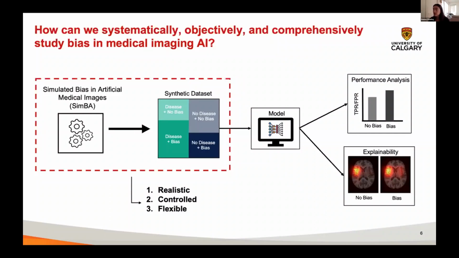Two, to be controlled, to ensure that we can fully understand and control for all the bias in the dataset. And three, to be flexible and modular enough to enable modeling various bias scenarios and various types of bias. I'll talk about how we implemented these ideas into the framework, which we've initially built around structural neuroimaging data, but as you'll see later, we don't at all think it's limited to this.